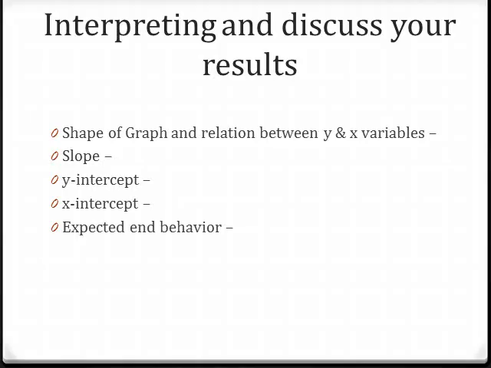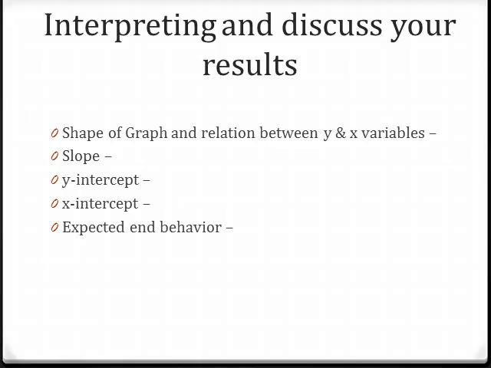So interpret your slope. In this case, we would say that the slope is how much your surface area increases for each unit that your radius squared increases, right? That would be the meaning of that slope. And we would expect it to be 4 times pi, which it is.